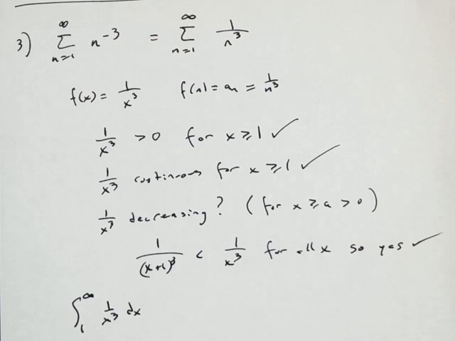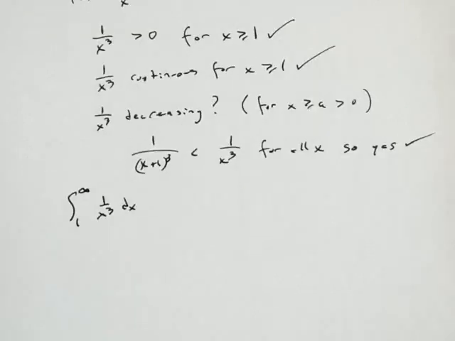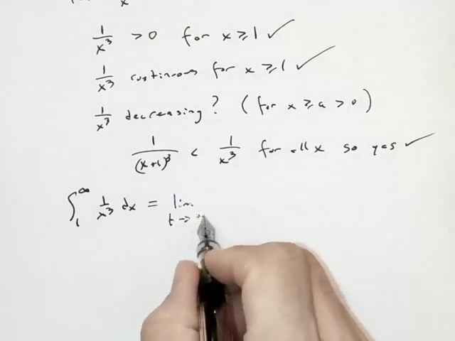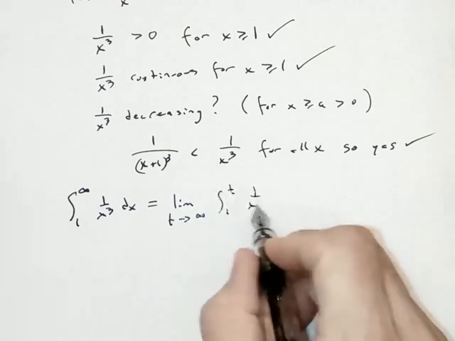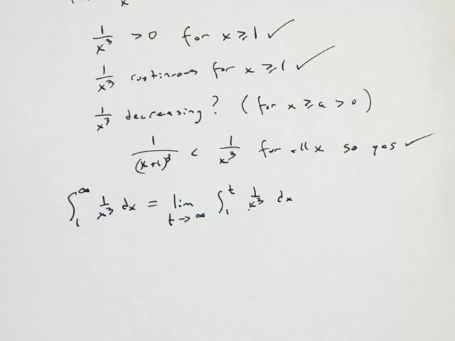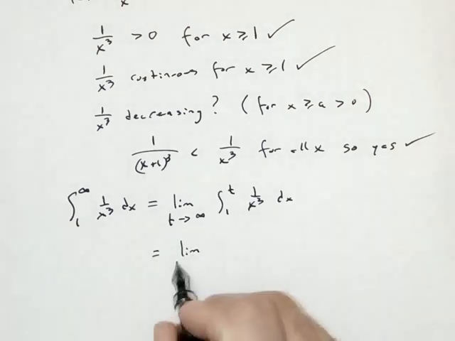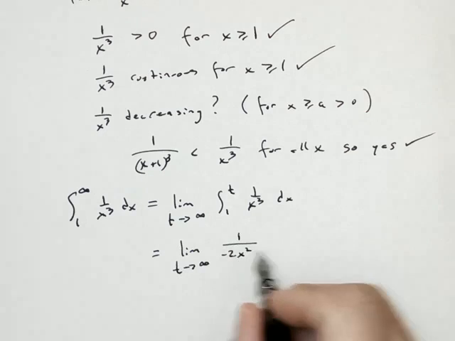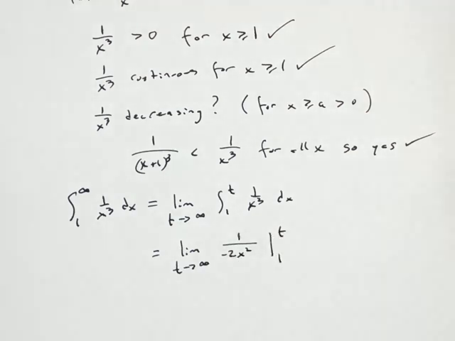So now we go through the process of doing the improper integral. One over x cubed is x to the negative 3. The antiderivative then is x to the negative 2 over negative 2. Negative powers go in the bottom.